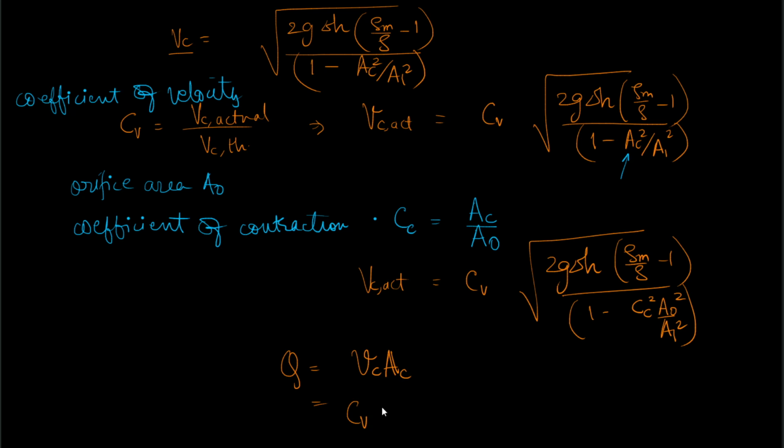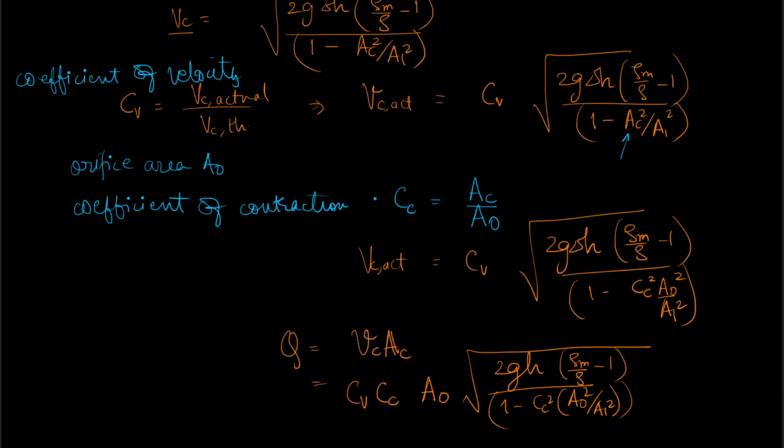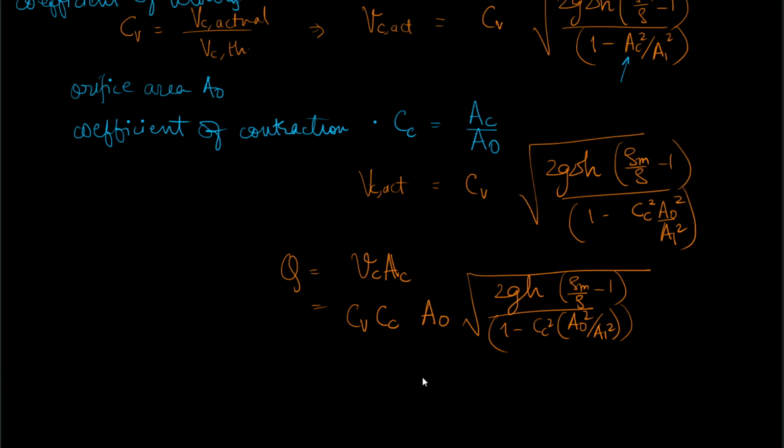Basically this is CV Cc A naught times the square root of 2g delta H (rho m upon rho minus 1) upon (1 minus Cc square A naught square upon A1 square). So this gives us an expression to find everything in terms of the manometric properties.